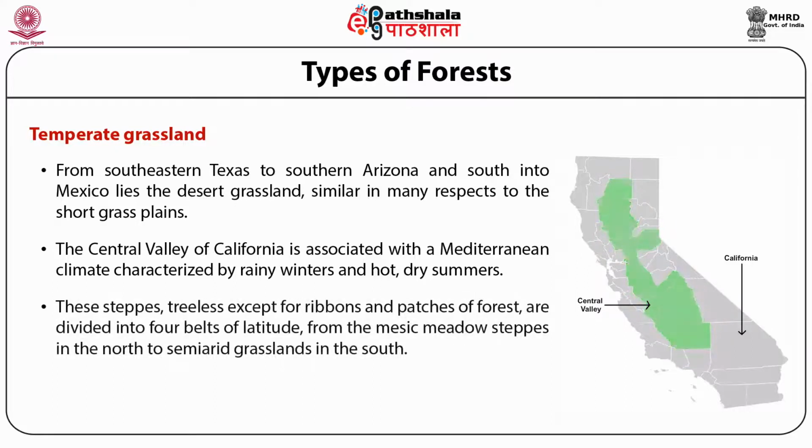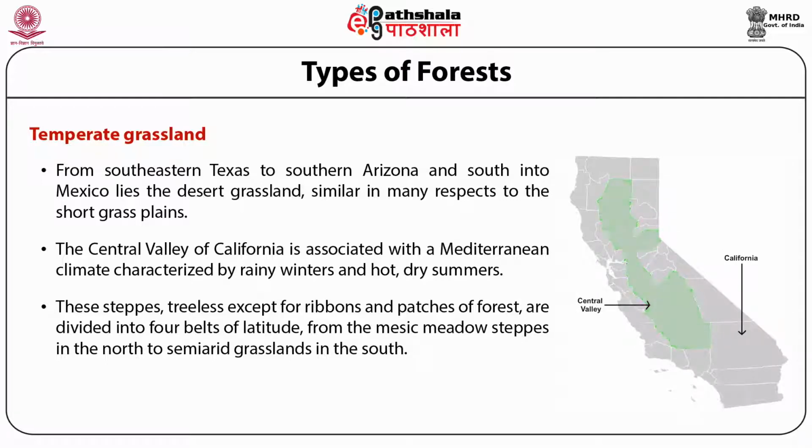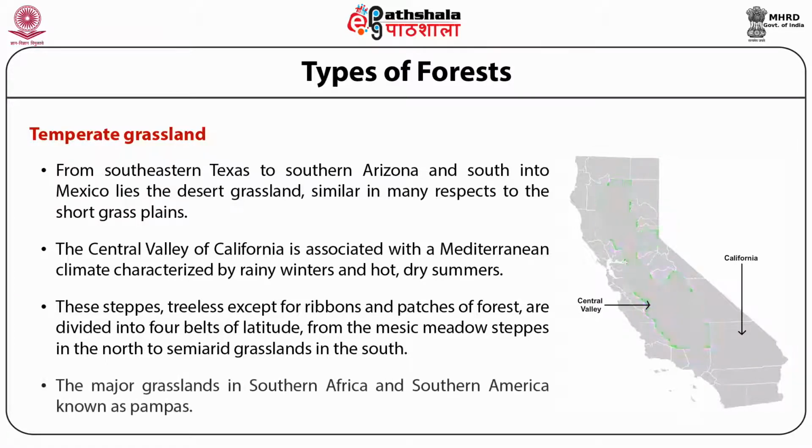The steppes, treeless except for ribbons and patches of forests, are divided into four belts of latitude from the meadow steppes in the north to semi-arid grasslands in the south. The major grasslands in southern Africa and South America, known as pampas, are modified by the introduction of European forage grasses and alfalfa.